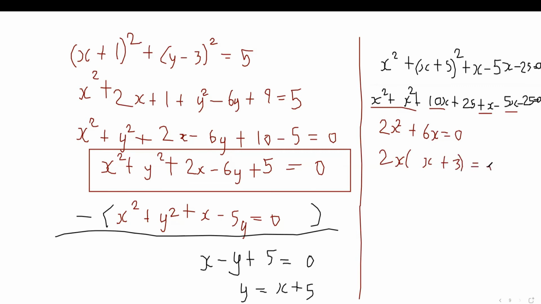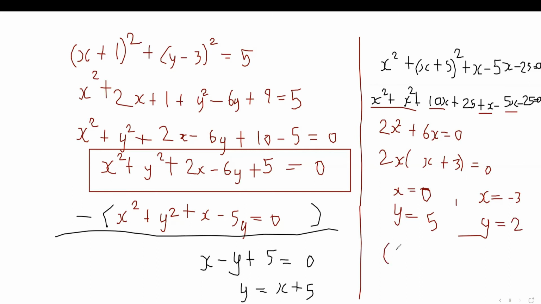So what we end up getting is, from this side, clearly x equals 0 if 2x is 0, and from this side x equals negative 3, because x plus 3 is 0. If x is 0, we get our y value by putting 0 right here: y is 5. Then put negative 3 right here: negative 3 plus 5 is 2, that gives y equal 2.